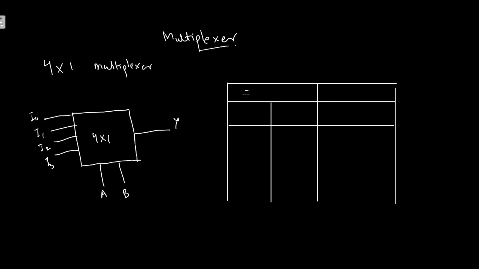These are select lines. Select lines are A and B, and output is Y. 0 0, 0 1, 1 0, 1 1. Now when the select lines are 0 0, then the output is selected as the I0 input.